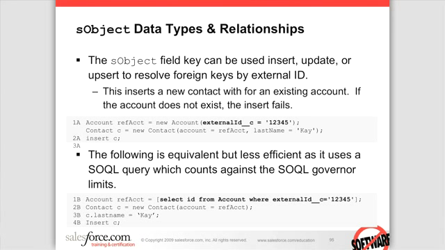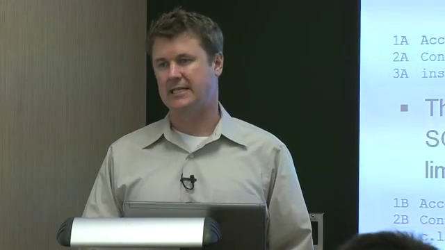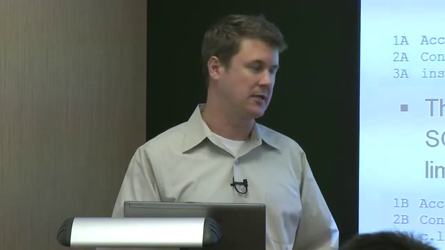Here's another example where we did a query, and we said account ref account, and performed a SOQL query: select ID from account where external ID equals 1, 2, 3, 4, 5. This is a database query, and we selected the ID, so we populated this.